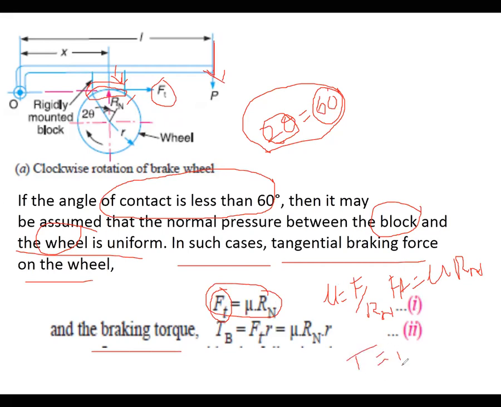Torque is equal to force into perpendicular distance, and the perpendicular distance is nothing but the radius. So torque is Ft into r, and we know Ft is mu Rn, so the braking torque is mu Rn into r.